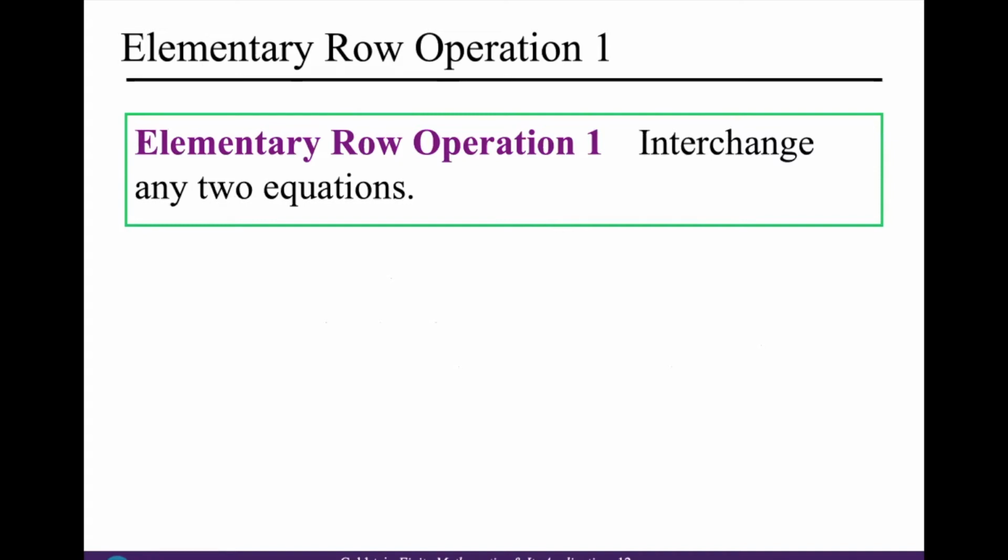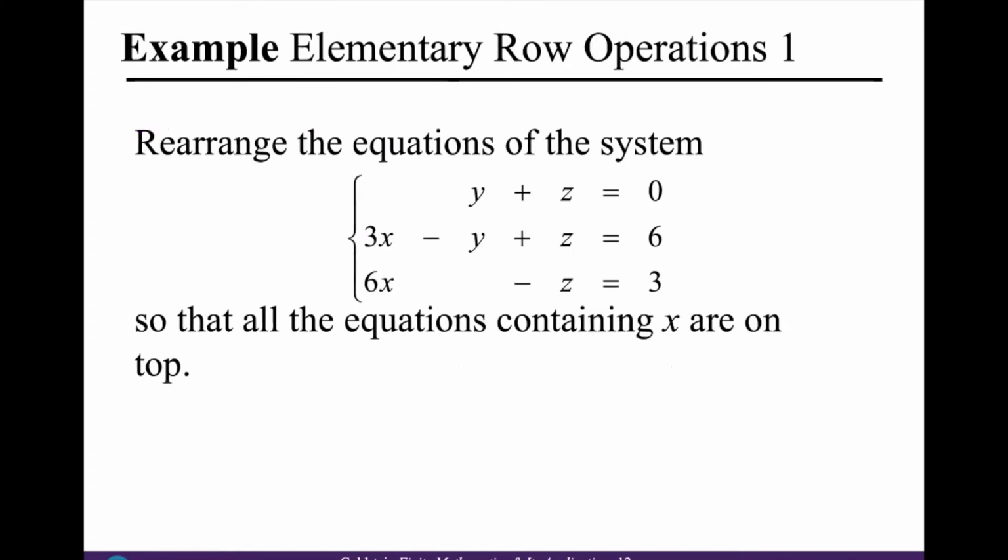So for example, in this system of equations, it turns out it's a good idea to rearrange the equations so that all of the equations containing X are on top. So in this case, we can simply switch the first equation with the third equation. So that would be an example of using elementary row operation 1.